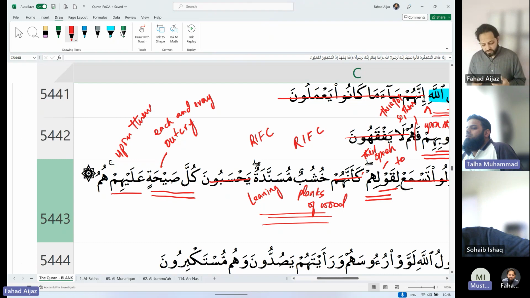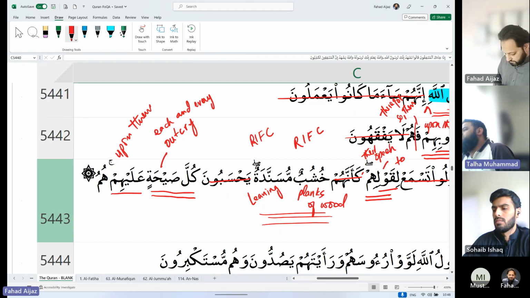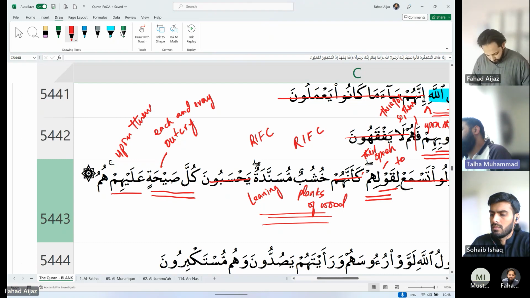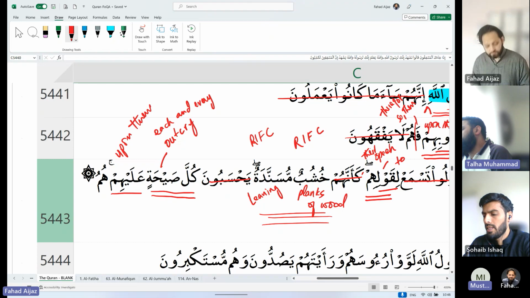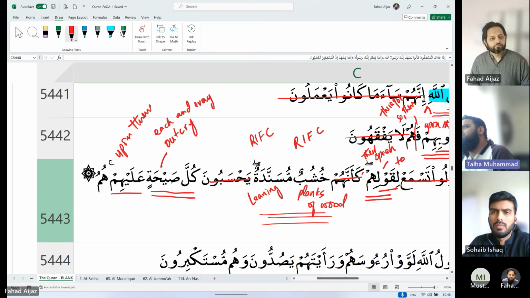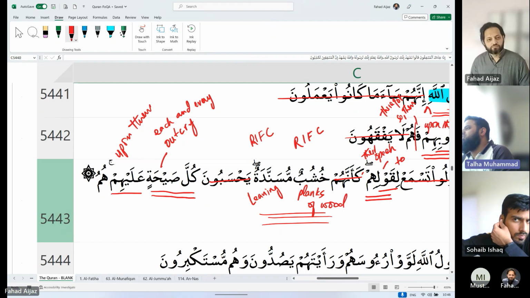Fahad, I was pointing to this fact that in the pronoun we have huwa, huma, hum, right? In the detached form, or in the attached form, it was hu, hi, huma, him, ma, whom. That's where the him was coming from, and that's why I was saying it's a nasab or jar state, and now it's connected to harf of jar. Therefore it is a jar state.